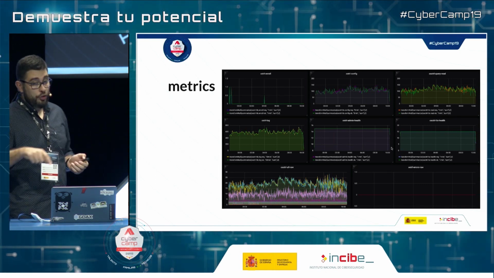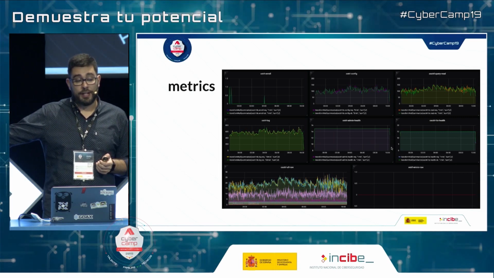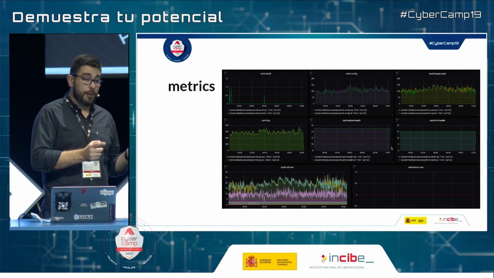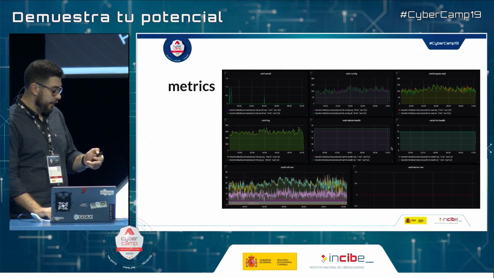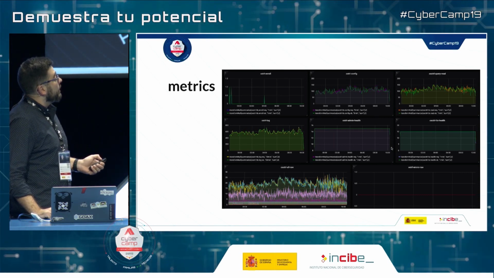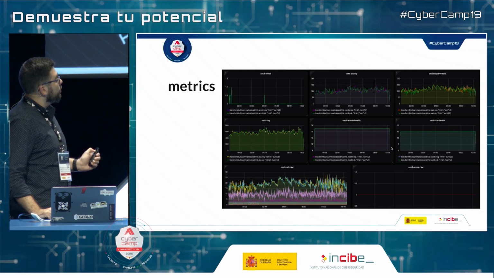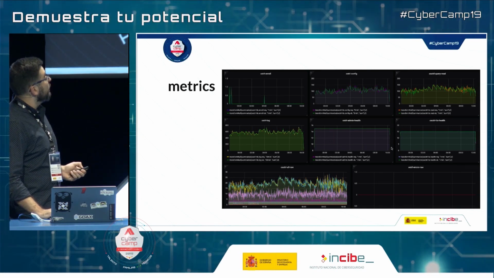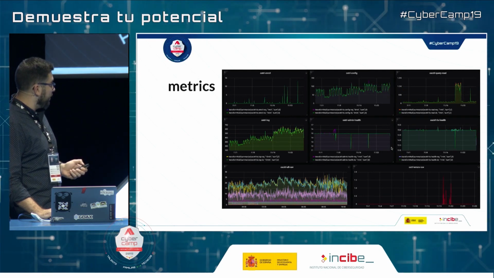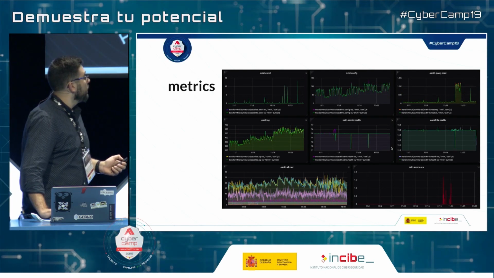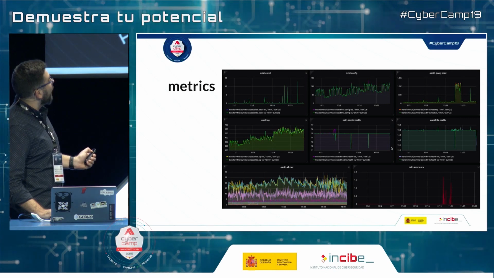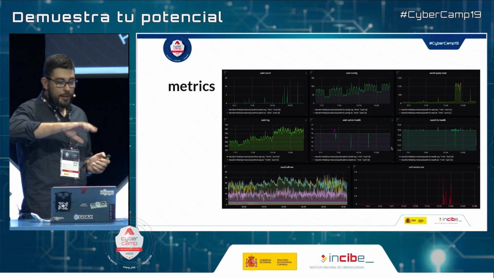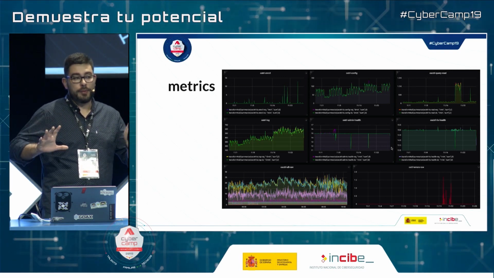For example, here we have a metric graph that Osctrl deploys by default, and you configure it so that it starts generating it directly. And I think this is a capture of the same data, but for only 12 hours. But here you can see another snapshot for 7 days. And here you can see there have been changes, so you start seeing real patterns.